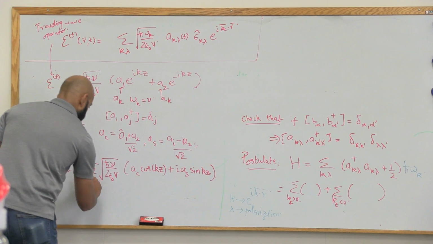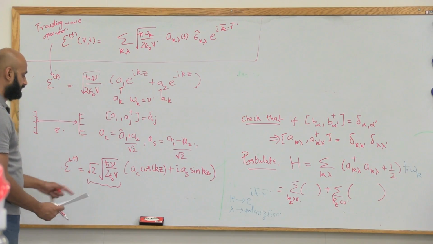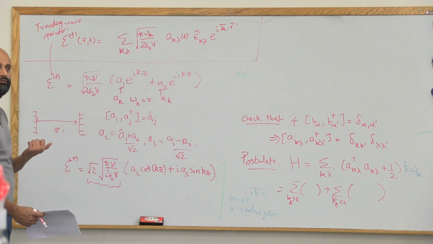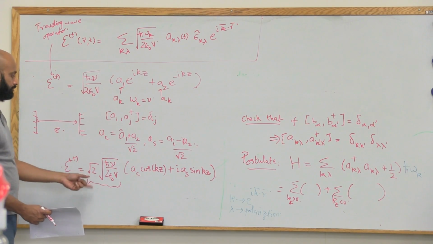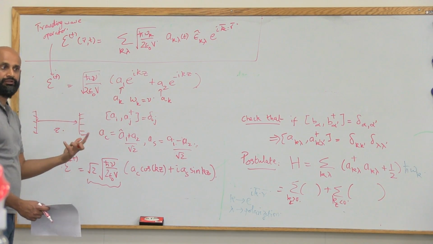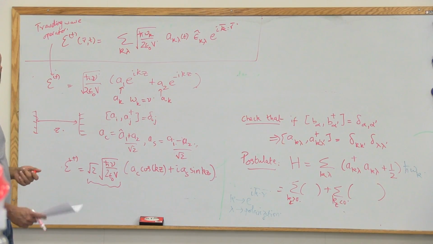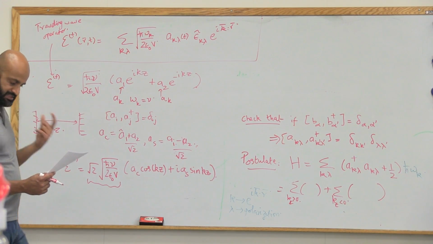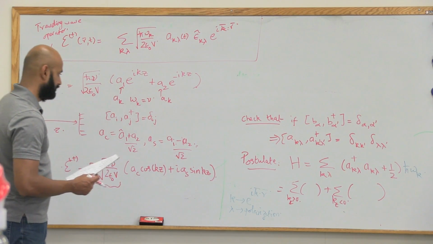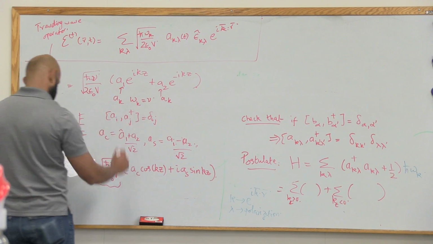So the difference now is that the electric field associated with a single photon in a standing wave cavity is now root 2 times the electric field associated with a single photon in a running wave mode.